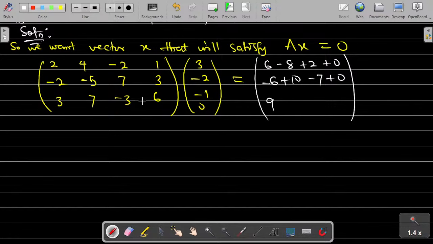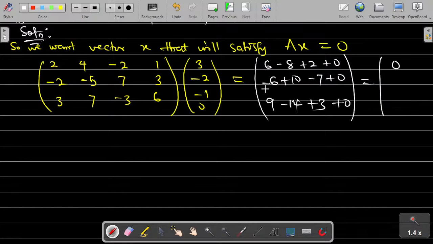7 times, you can already see that this one has failed, so it's not in the null space. But let's finish. 7 times minus 2 is minus 14, and then minus 3 times this is 3, and this times 0 is 0. So you can see the first one gave 0, quite alright.